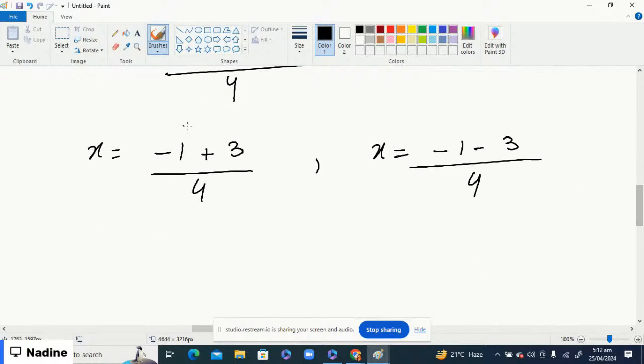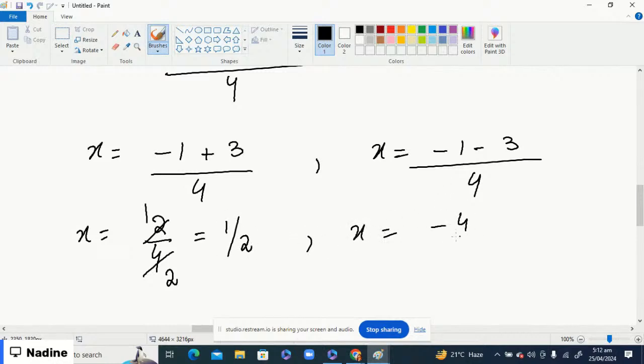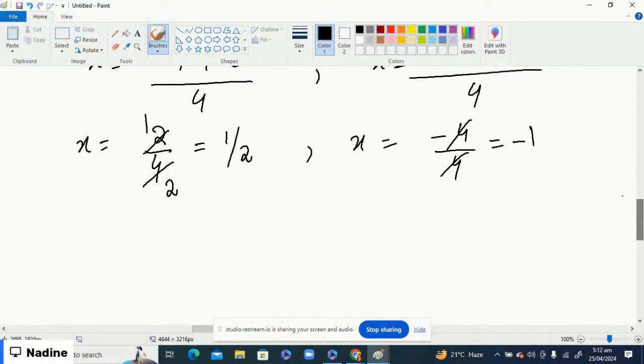So what's the answer for that? x is equal to minus 1 plus 3 is 2 by 4. 2 times 1 is 2, 2 times 2 is 4. So this is half. And x is equal to minus 4 over 4, cancelling out, this is only minus 1. So 1 by 2 and minus 1. This is your solution set of x. These are the values of x. Understand?